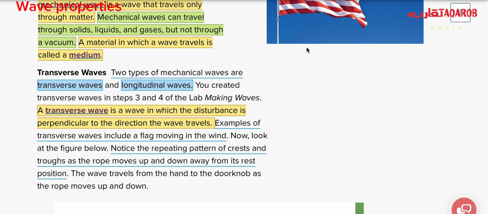So if you have a rope and you start to swing your hand to create waves, you will see that this rope has crests and troughs, a repeating pattern of crests and troughs as you move your hand, and these crests and troughs move up and down away from its rest position.